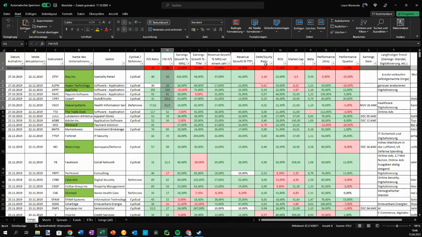If you have a lot of debt and the rates go up, you have to pay a lot of the costs for that capital back. And that, of course, will drive down your profits. So it shouldn't be too high. Then you have the ROE.